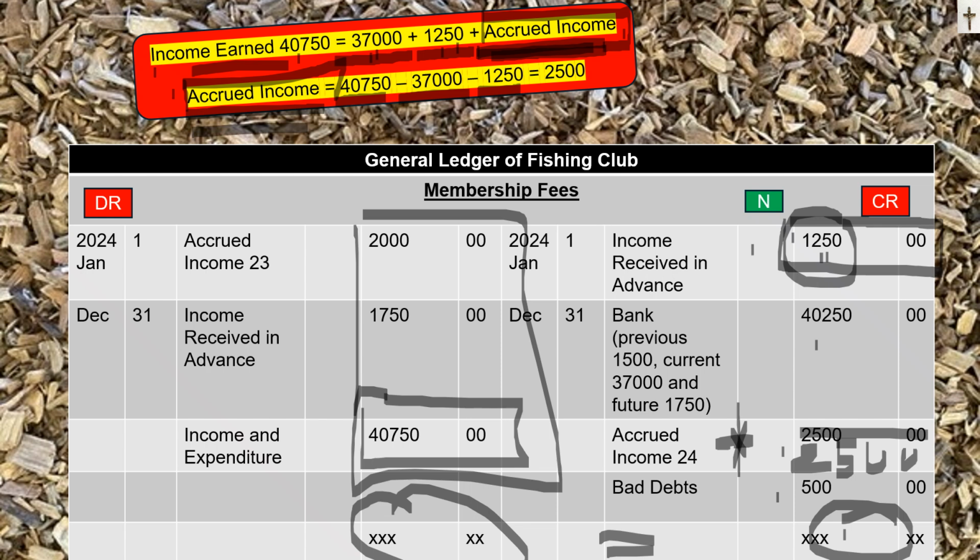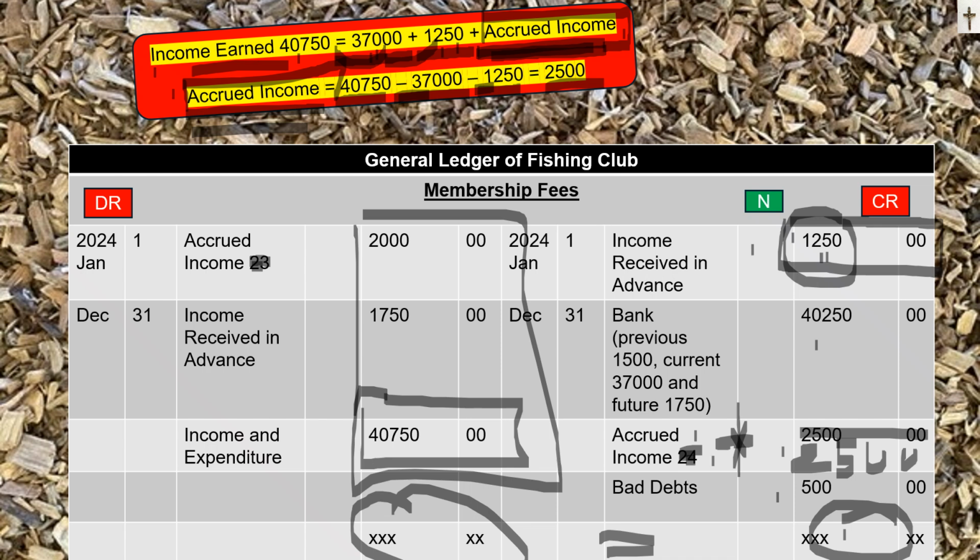Then I make accrued income the subject of the formula, and if I took across the 37,000 and the 1,250, it's minus. There it is, minus, and that gives you 2,500 for accrued income. You don't have to put 24, but I just put it there, so it gives you some clarity on what years the information relates to.